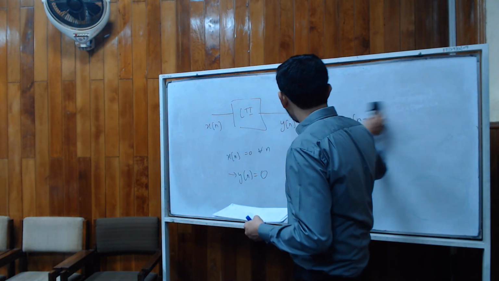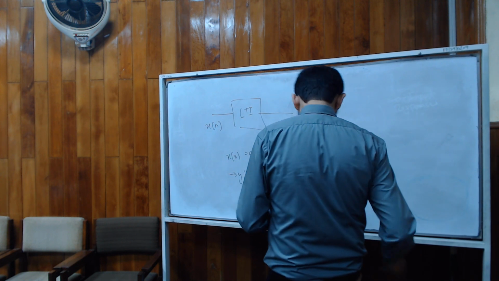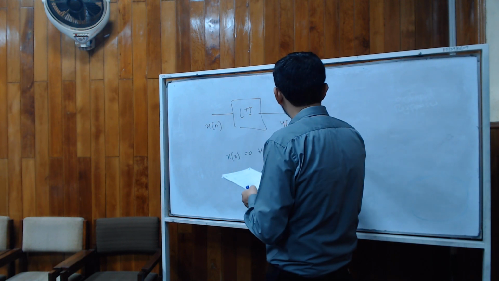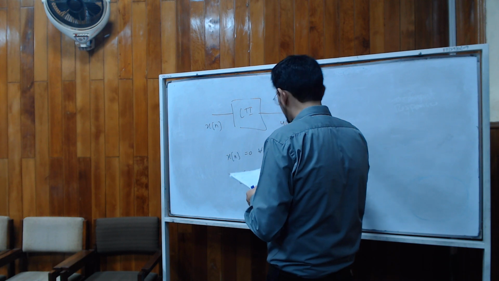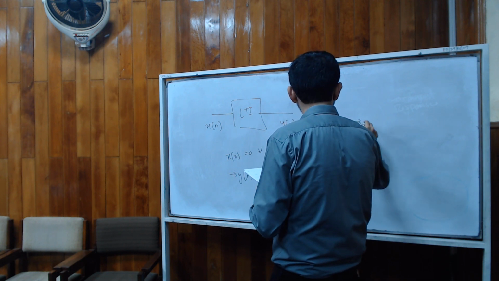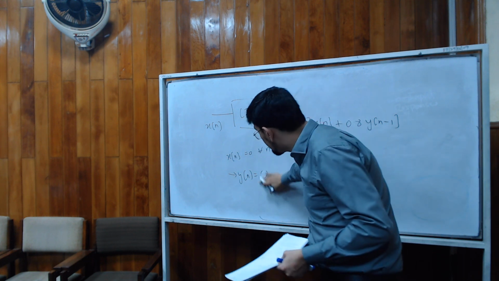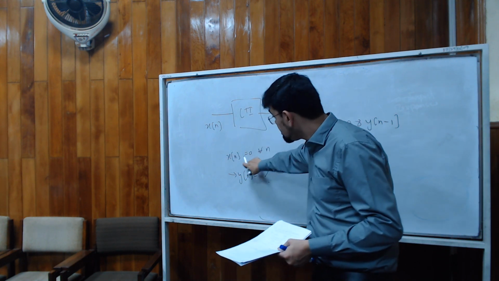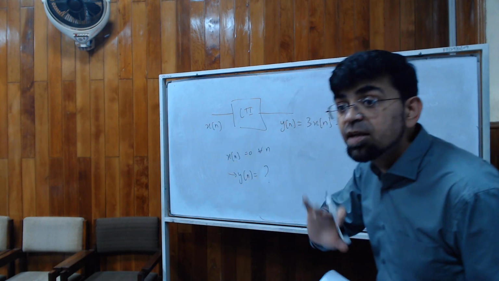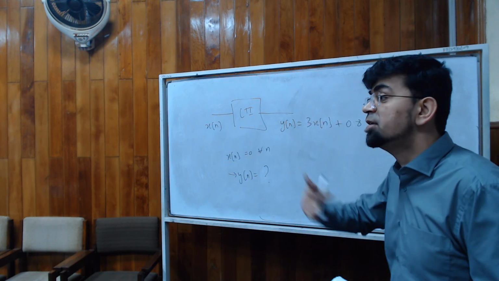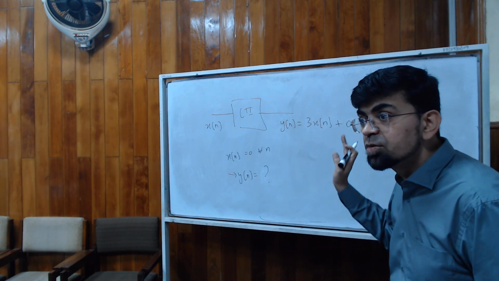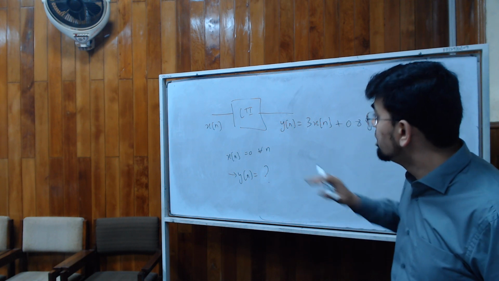Fine, makes sense. Now let's make things a bit more interesting. Let's say our output is not this. Instead, our output is y[n] = 3x[n] + 0.8y[n-1], with the same condition now, that I don't give this system any input at any time. x[n] equals 0 for all n. What is the output?